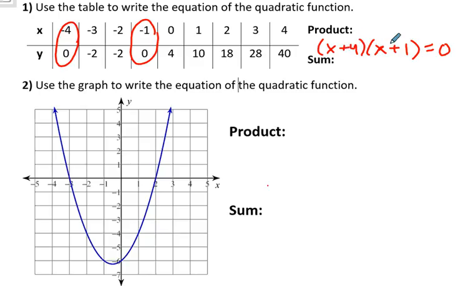So you have the opposite sign in the equation as you have for the x-intercept itself.